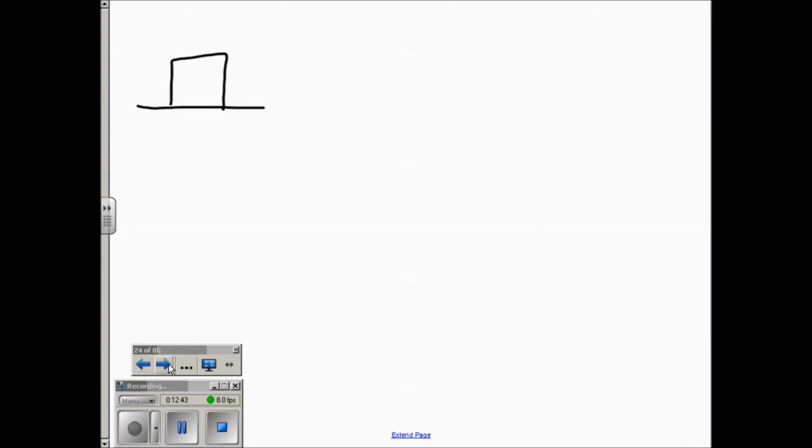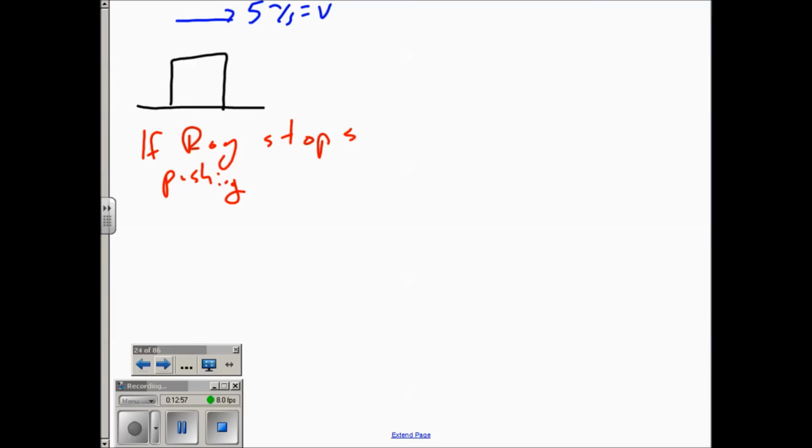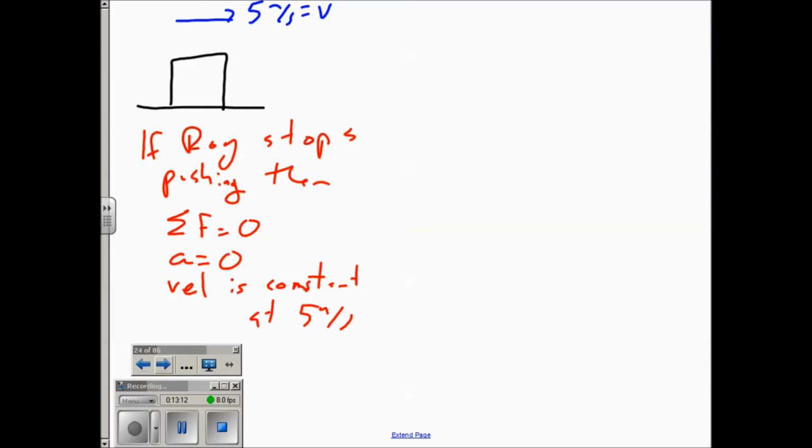So if we assume that the box is sliding at 5 meters a second, and Roy stops pushing, then we're going to have a net force of 0, an acceleration of 0, and the velocity will stay constant at 5 meters a second, right?